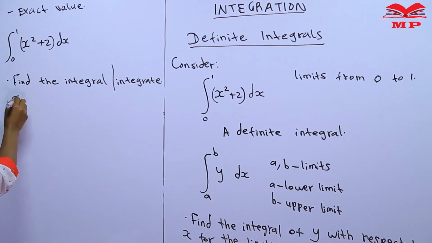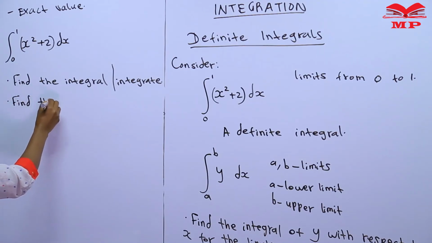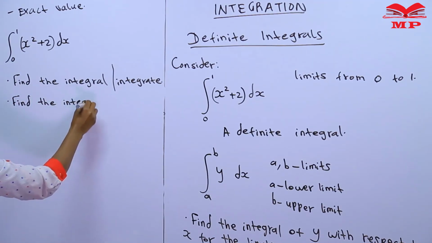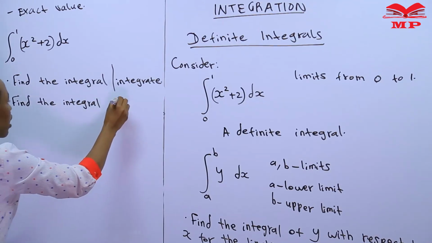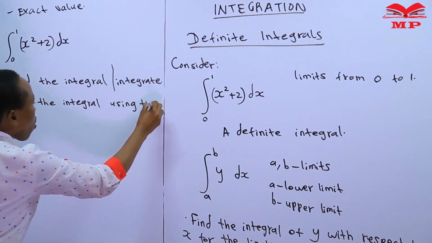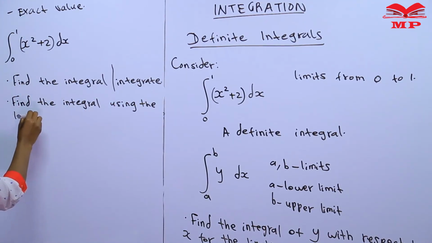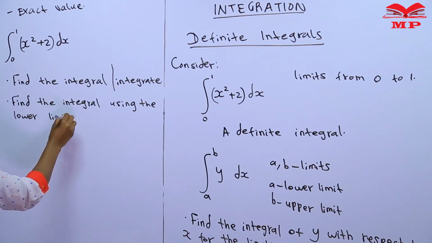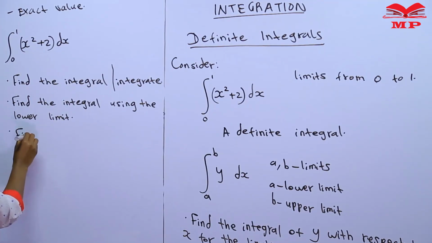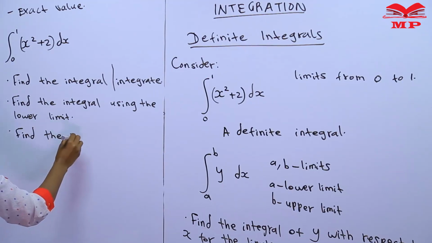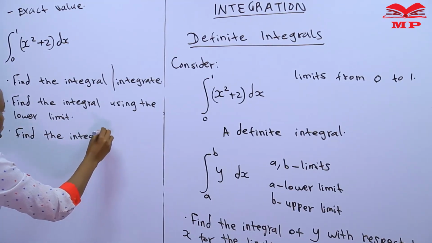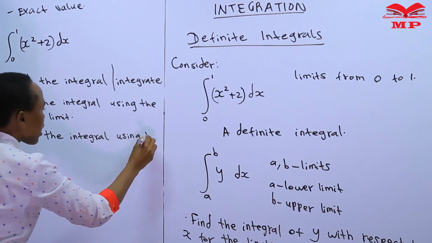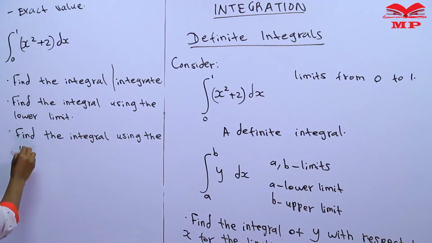So we find the integral using the lower limit, we can start with the lower, then find again the integral using the upper limit.